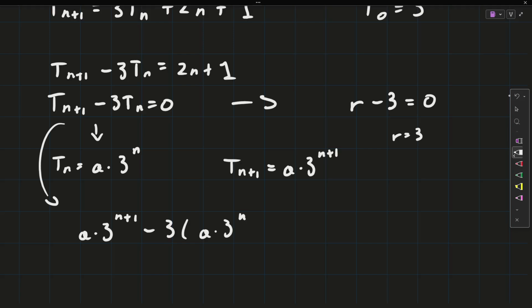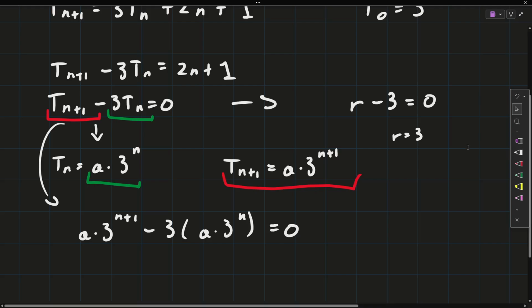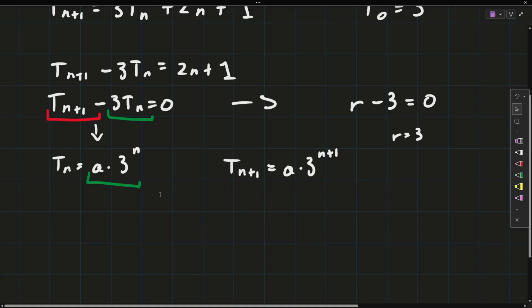I'm just replacing this part with this, and this part here with this. We can see that this is clearly true, because when we multiply this 3 in, we get 3 times 3 to the power of n plus 1 here, and then these are the exact same, they'll cancel each other out, it's equal to 0. Cool. So that's how we know that that's the solution.